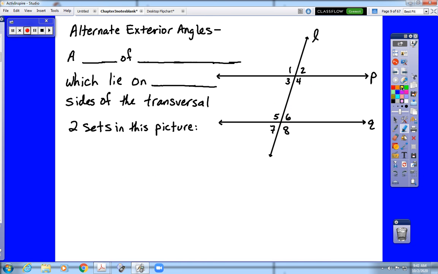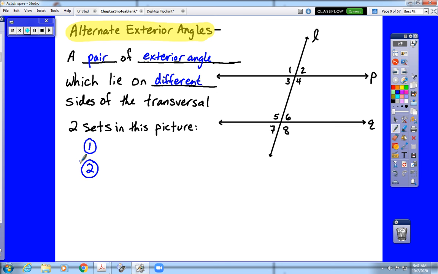Okay, the final word in this grouping is alternate exterior angles, another vocab word, which is a pair of exterior angles which lie on different sides of the transversal, and again, they need to be at different points of intersection. Okay, we can't say 1 and 2 because we already have a name for that.